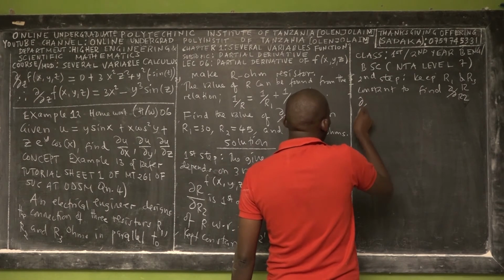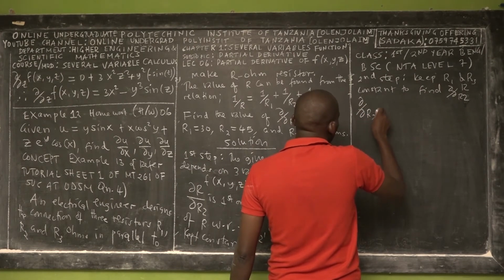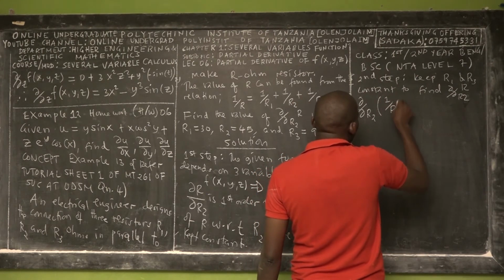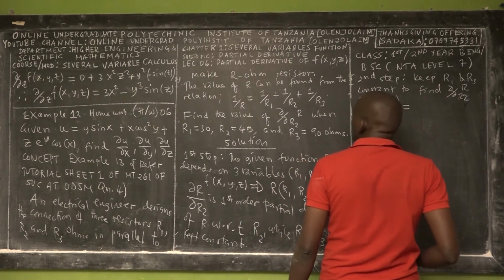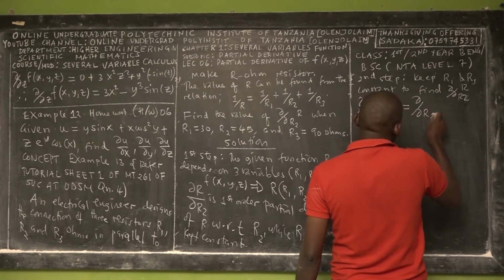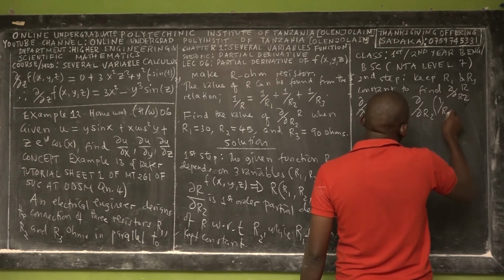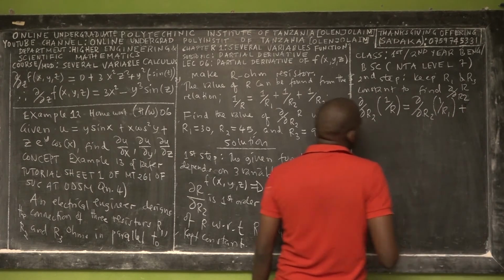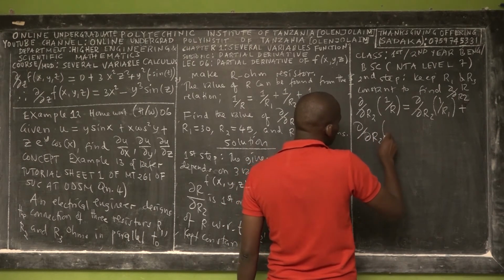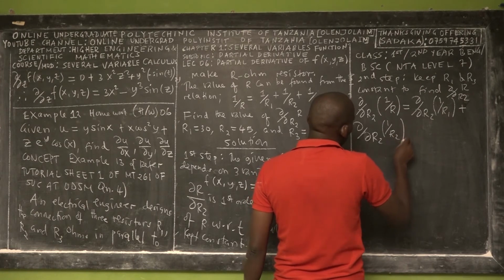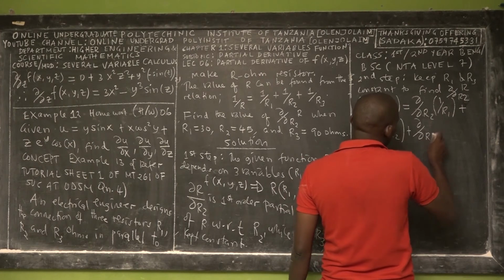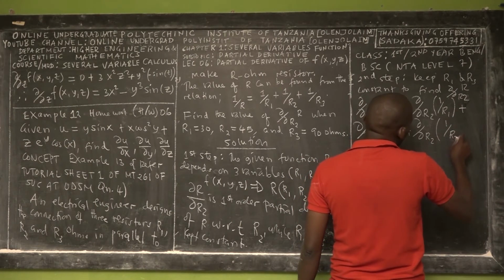We differentiate the left-hand side with respect to R2, where we have 1 over R. This is equal to the partial derivative with respect to R2 of 1 over R1, plus the partial derivative with respect to R2 of 1 over R2, plus the partial derivative with respect to R2 of 1 over R3.